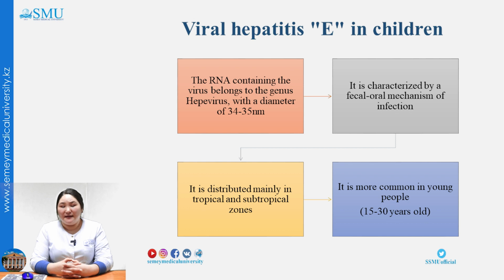The pathogen is an RNA-containing virus, 34-35 nanometers in diameter, characterized by a fecal-oral mechanism, mostly the water route. It is more common in tropical and subtropical climate countries, and it can commonly affect young people from 15 to 30 years old.